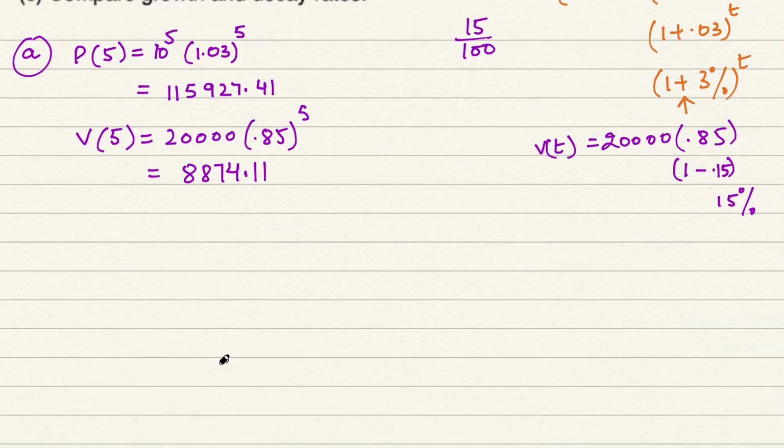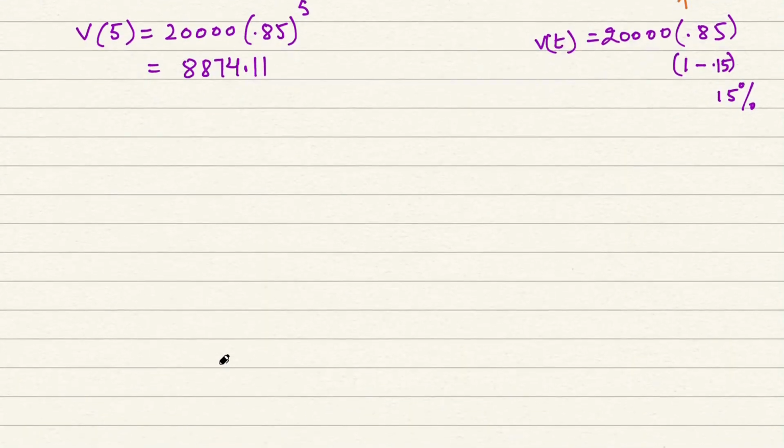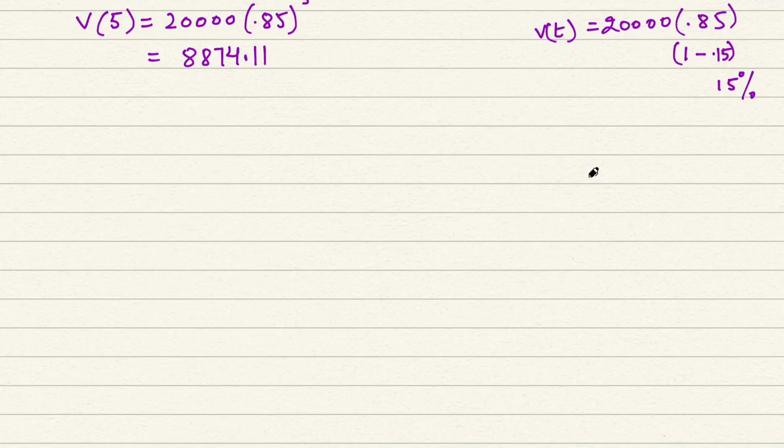Percentage population increase in 5 years. Okay, again let's do it like concept. When we have to find out percentage increase or decrease, generally we use the formula: whatever is the increase minus original value over original value.